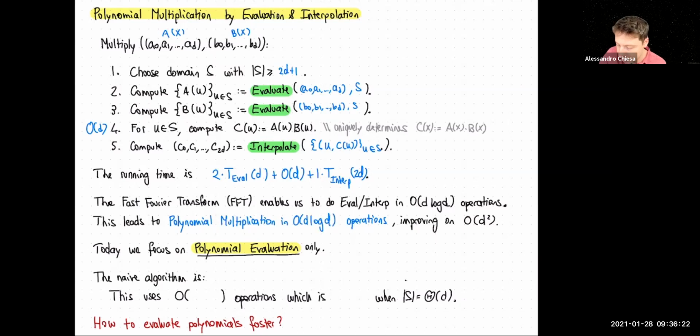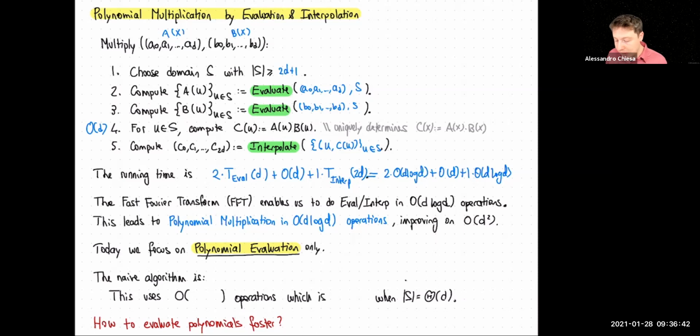Why? Because we will have 2 times order of D log D, plus order of D, plus 1 times order of D log D, and everything ends up coming out as order of D log D, which improves on the D squared. We haven't seen yet how to do it.